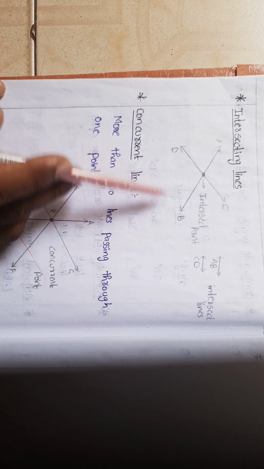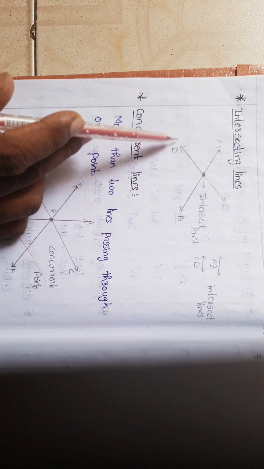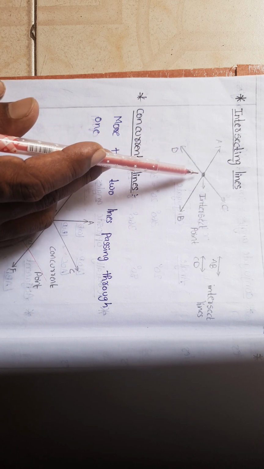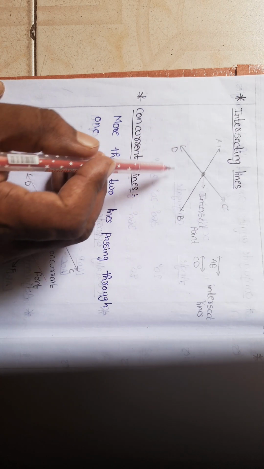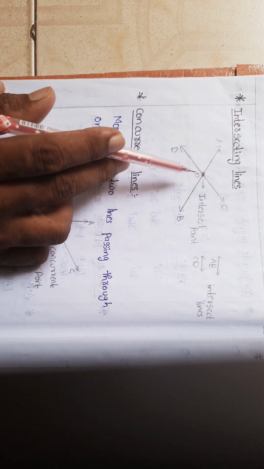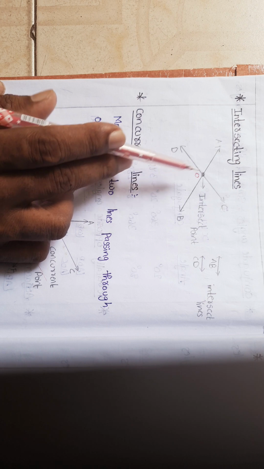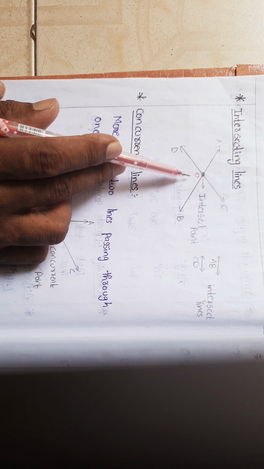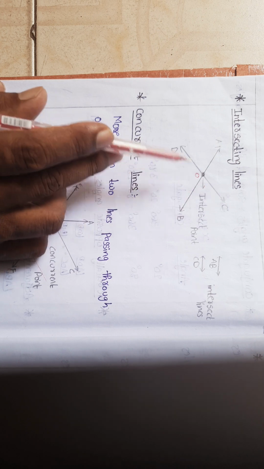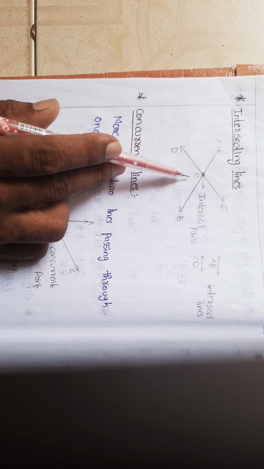Two lines, say AB one straight line, CD another straight line, are meeting at one point. That point you can name O. That is the intersecting point.